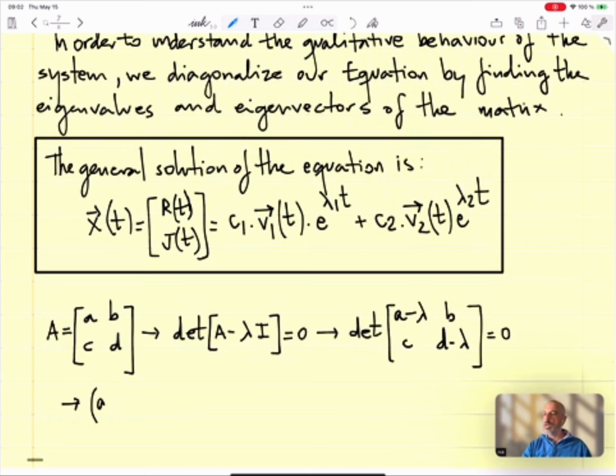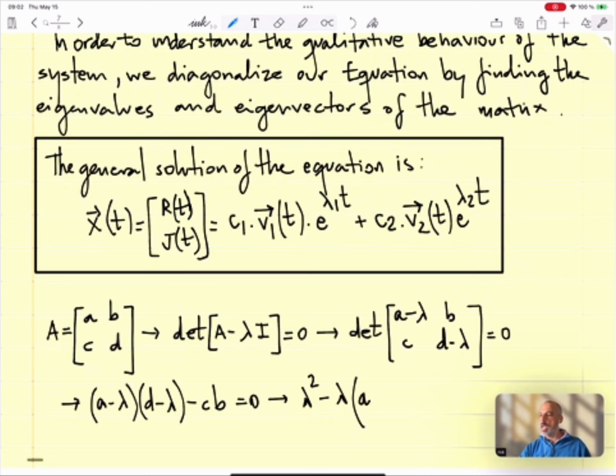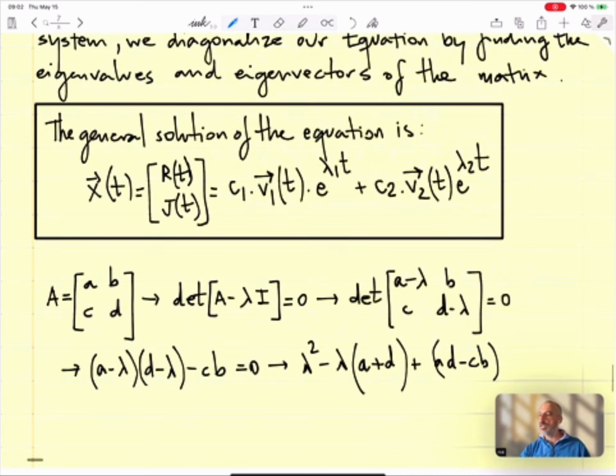This is A minus lambda times D minus lambda minus CB equals 0. So as a result, we have lambda squared minus lambda times (A plus D) plus AD minus CB equals 0.